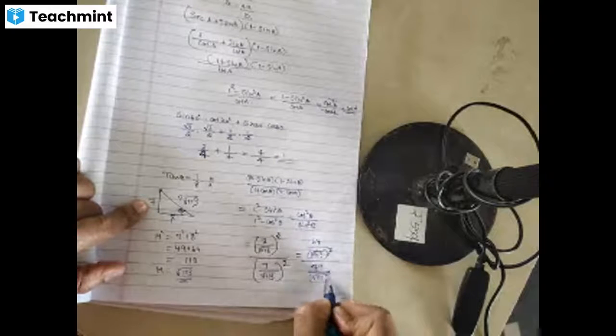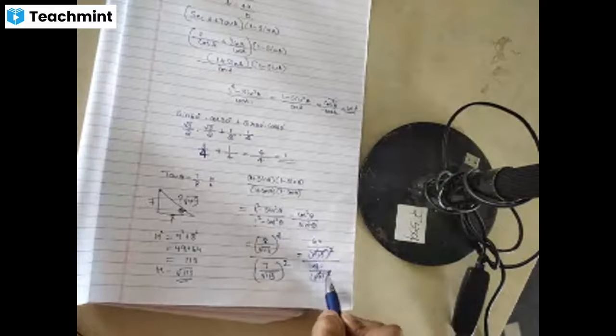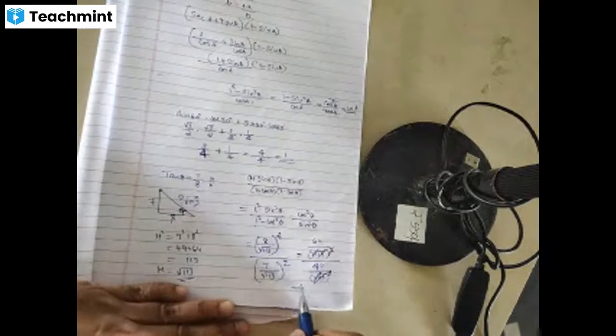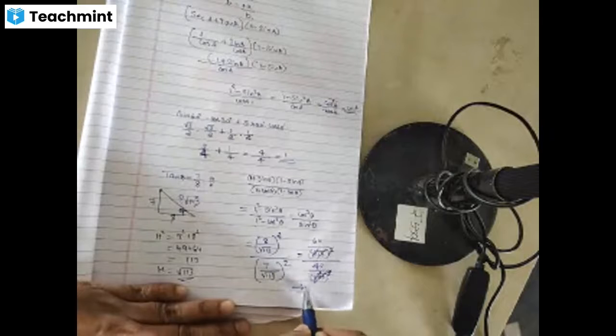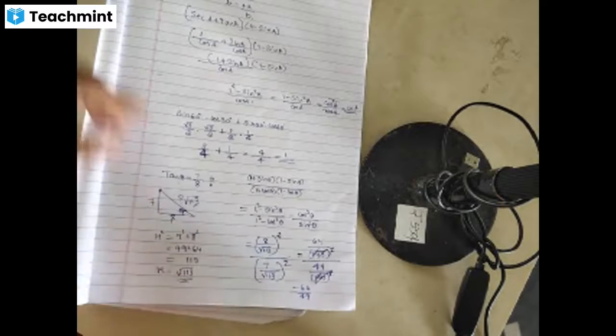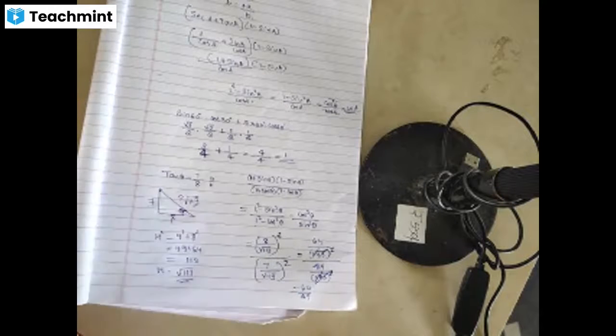Root and square gets cancelled, and this also gets cancelled completely, denominator and denominator. So remaining is here 64 divided by 49. That is the answer. Next.